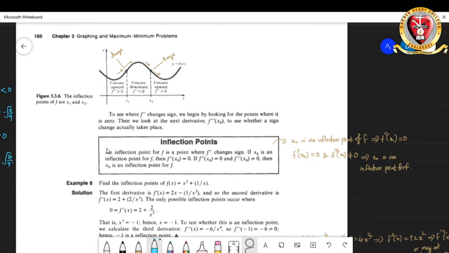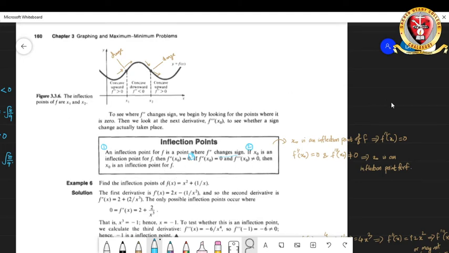So you have three definitions which you can use in your problems. First says that an inflection point for f is a point where f double dash changes sign. Second says if x naught is an inflection point, then f double dash of x naught is equal to 0. Third says if f double dash of x naught is equal to 0 and f triple dash of x naught is not equal to 0, then x naught is an inflection point for f.